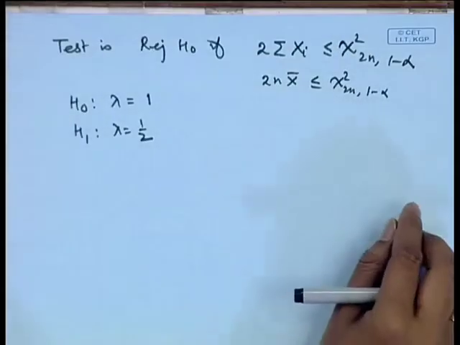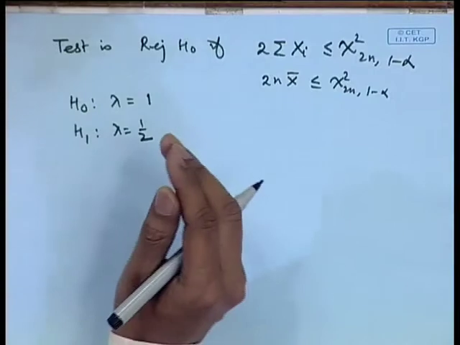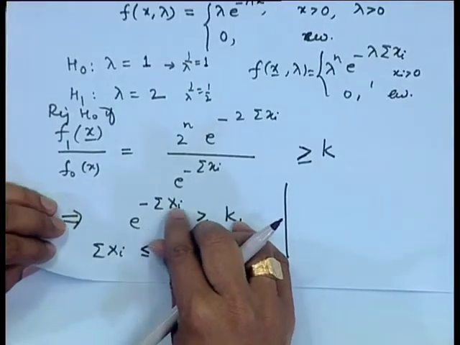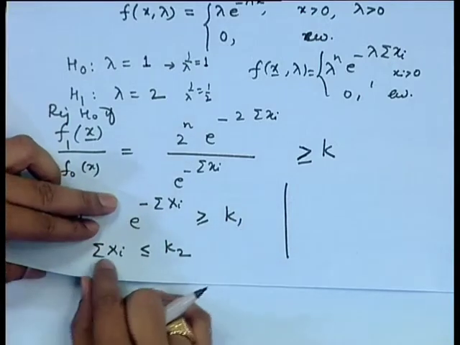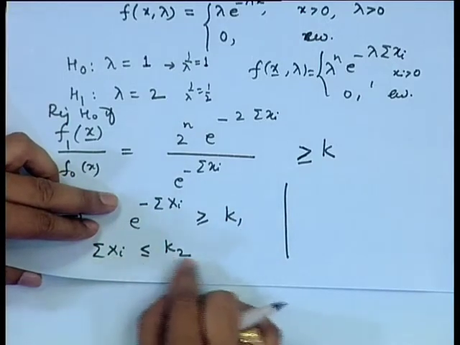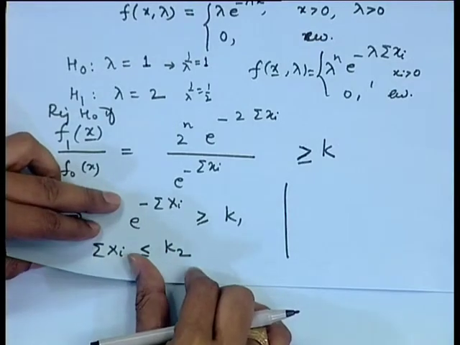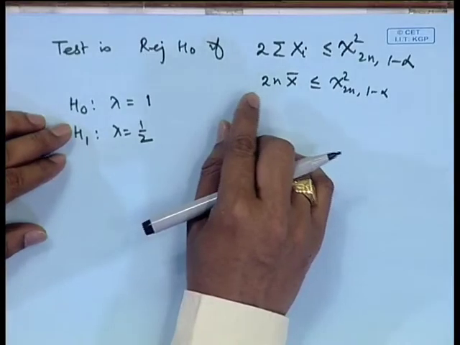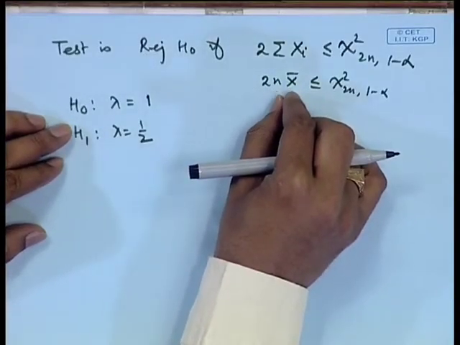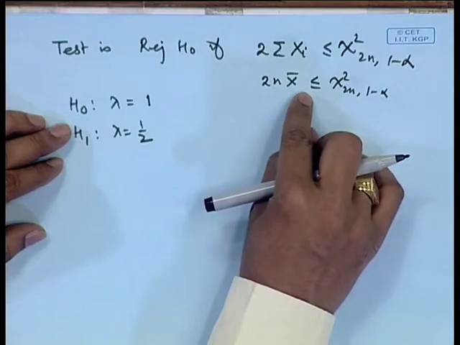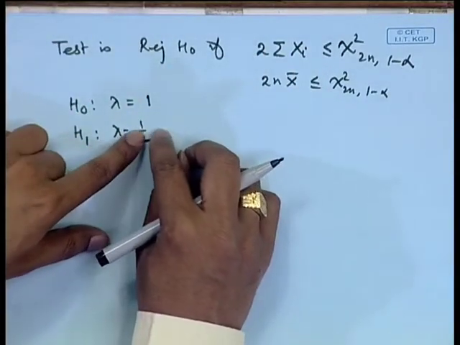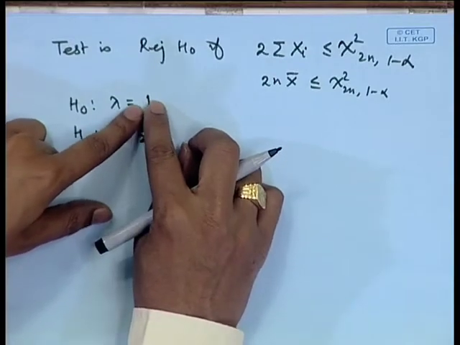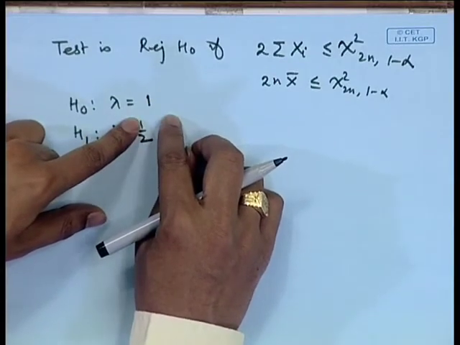So, in that case, in the numerator we will get e to the power sigma x i by 2 with a positive sign, and then the test function will become sigma x i greater than or equal to something rather than less than something. So, when we analyze this, we get that the test would be to reject for larger value of x bar, which is natural, because when I say lambda is equal to half, that means I am saying 1 by lambda is equal to 2, which is bigger than 1 by lambda equal to 1 here.